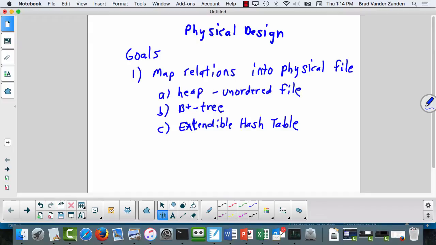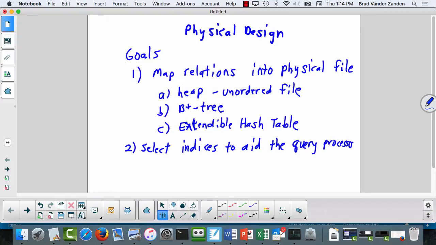You just write out the tuples in the order they're presented to you. Okay, and the second goal is to select what are called indices to aid the query processor. And we will get to that momentarily as well.